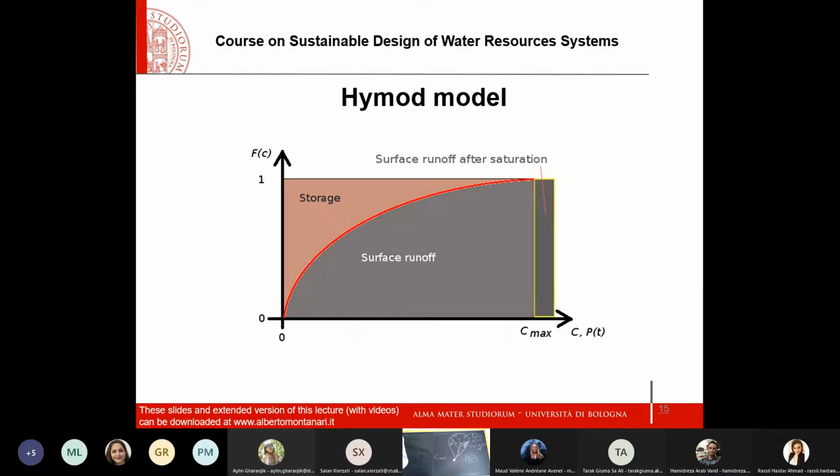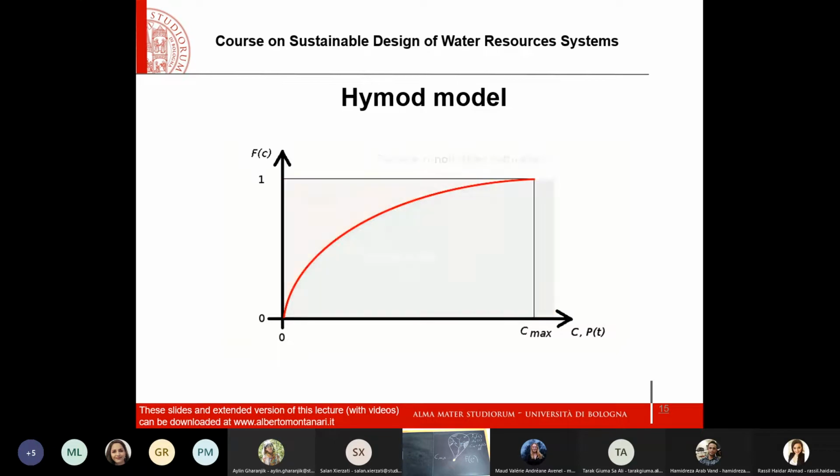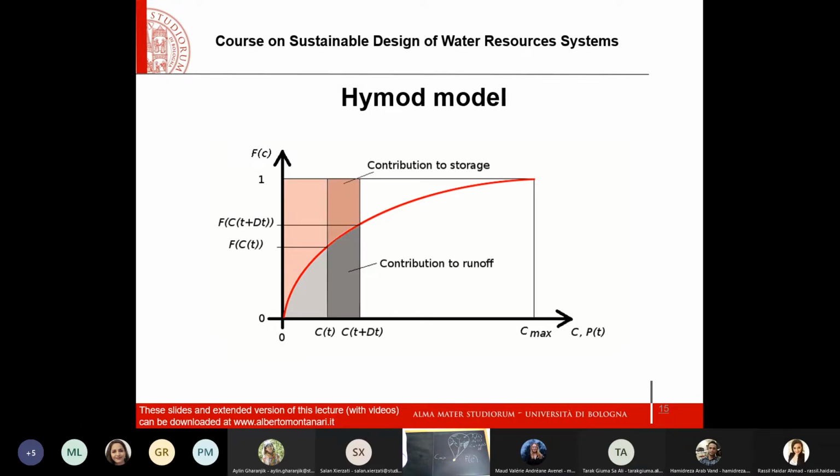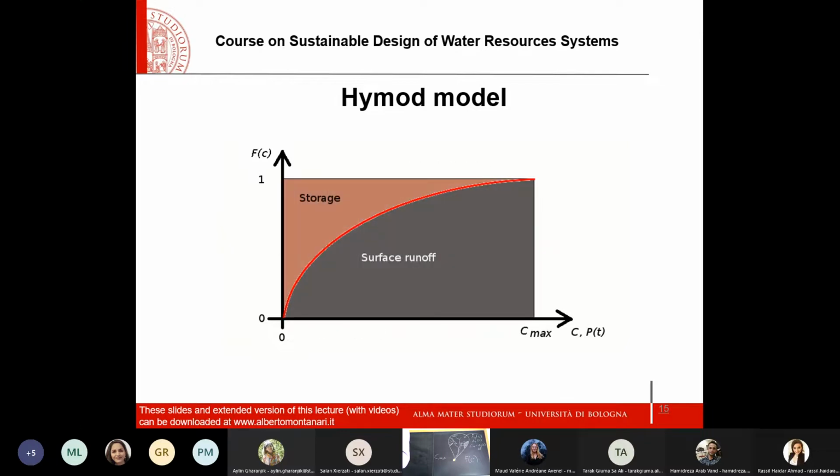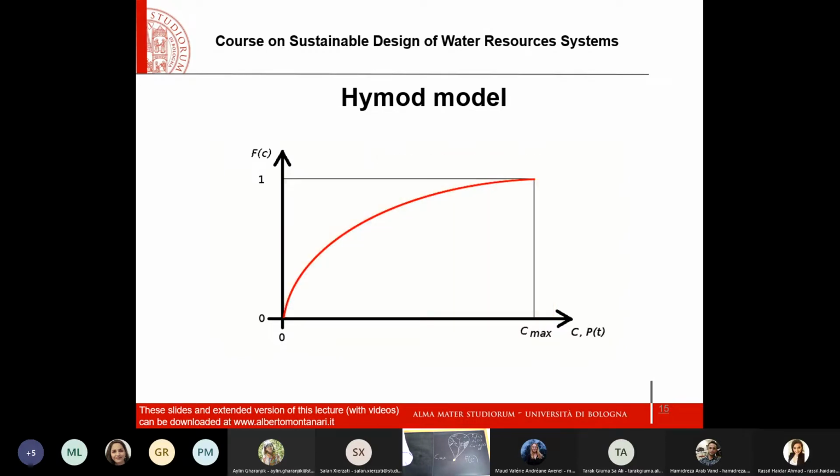Up to the 80s, people were still modeling with lumped models like the linear reservoir or other variants, like the nonlinear reservoir. When this idea was proposed, which was not very computer intensive, because you will see that the code is very short, this was considered a milestone development.